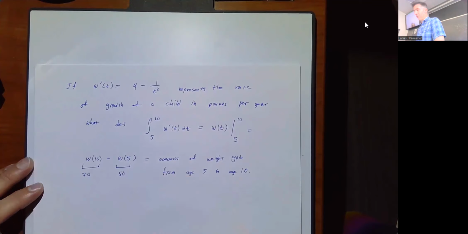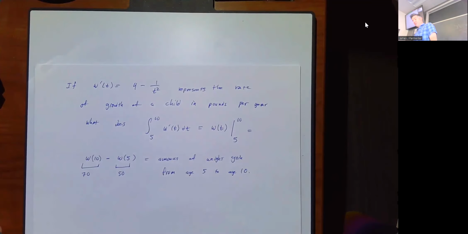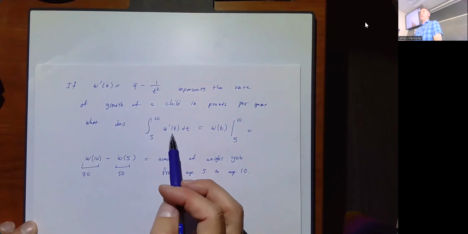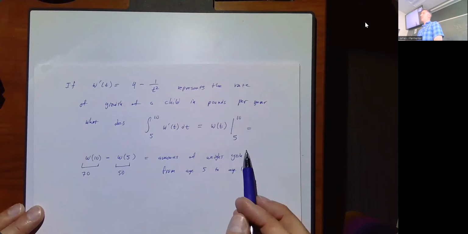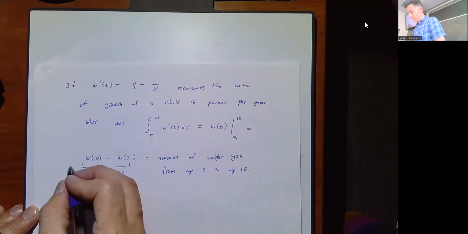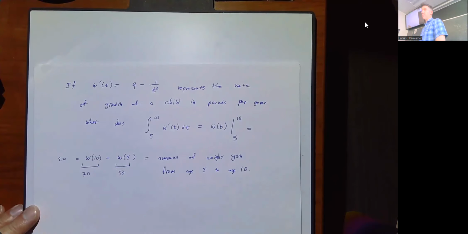I really have no clue. Then you're saying that this integral represents the amount of weight gain, right? They ended year 10 at 70 pounds. They began year 5 at 50 pounds. This is how much weight they've gained over those 5 years. And then you could also ask for the average weight gain by taking that integral and dividing it by what?